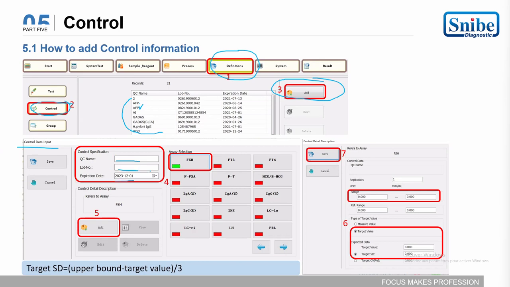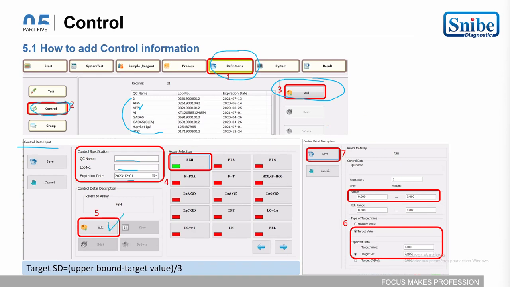Then you select which parameter is controlled by this quality control. It can be one, or more than one parameter controlled by the same quality control.